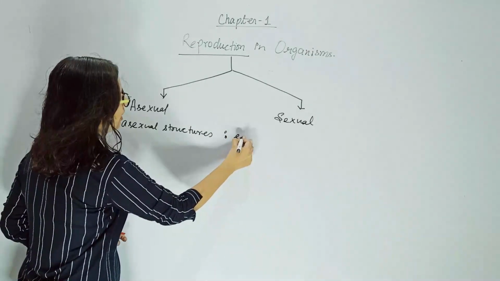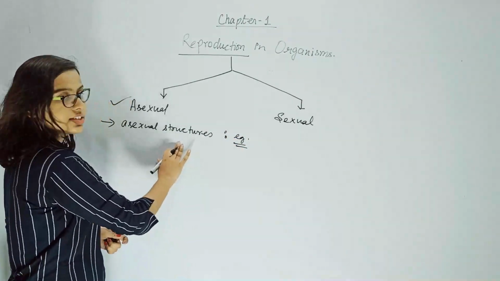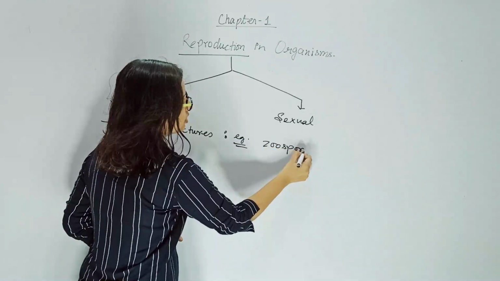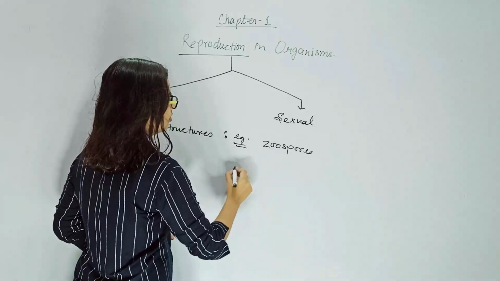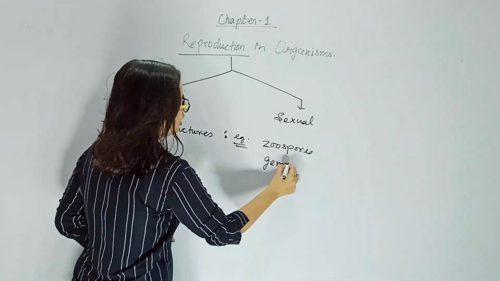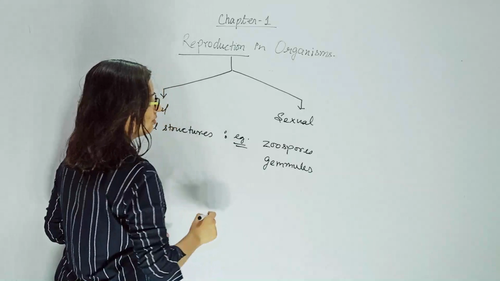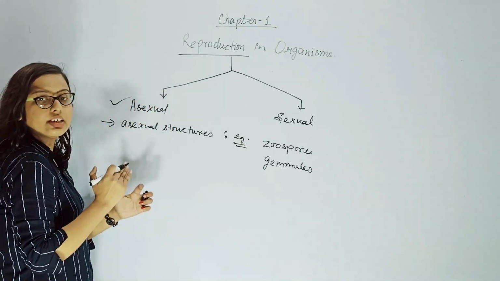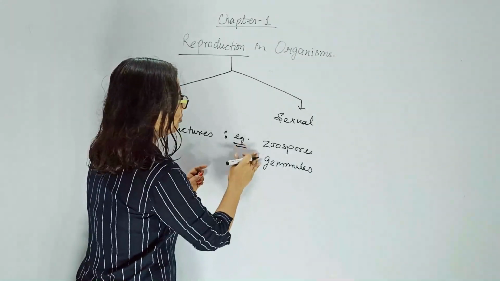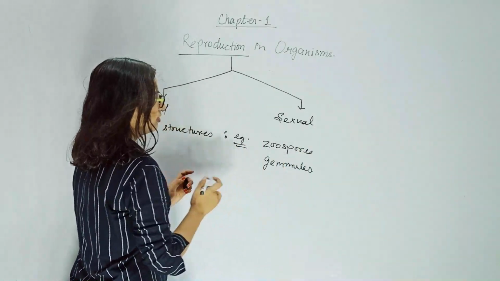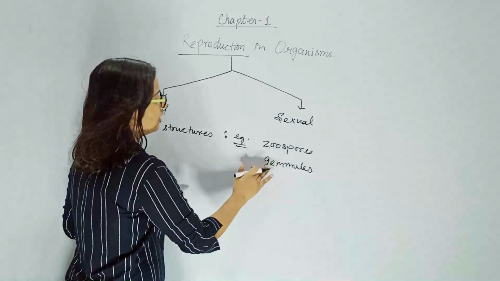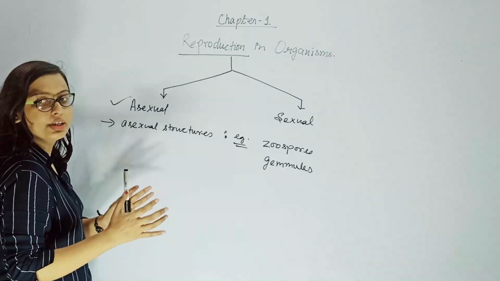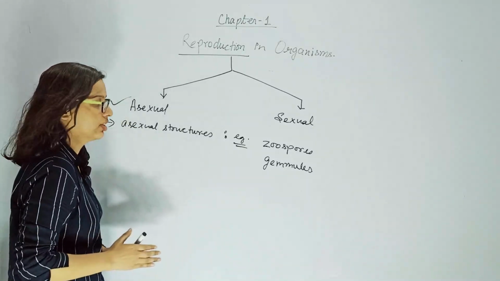The examples of such asexual structures are zoospores, then gemmules. You can consider these as having a little bit of similarity with gametes. These are the structures which help the parent organism to pass its information for the generation of a new individual.